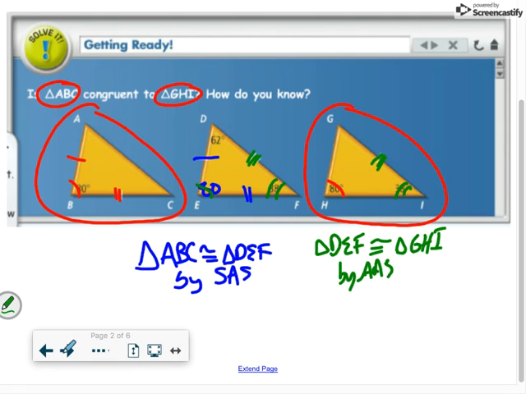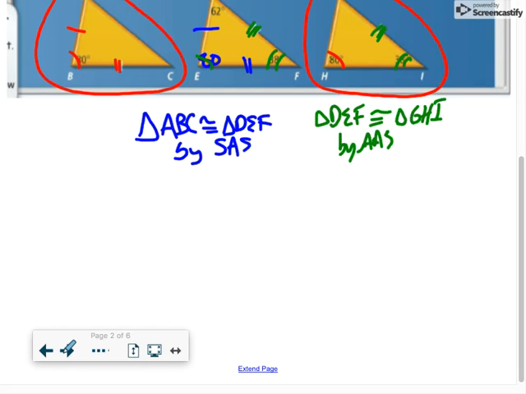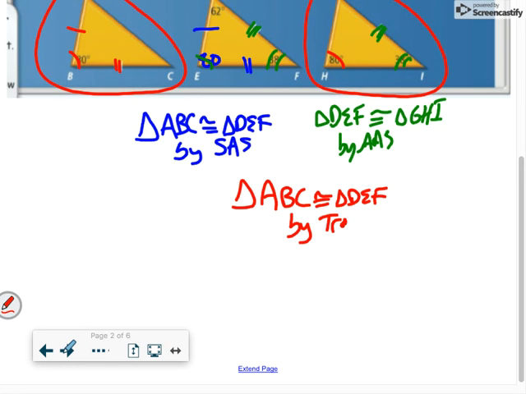Right? So the original question is if the first one and the last one are congruent. Well, by transitive property, they're both congruent to DEF, so they must be congruent to each other. So just a quick one there, just trying to show you that transitive property extends to these congruent triangles as well.